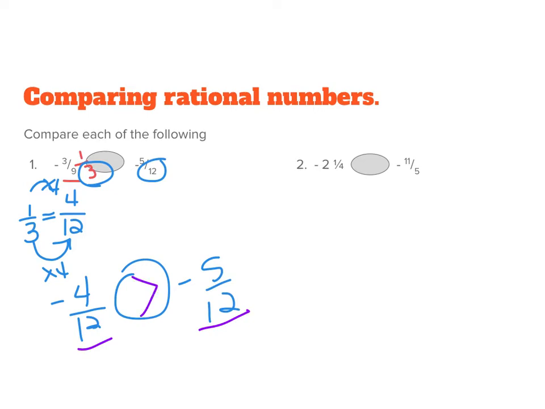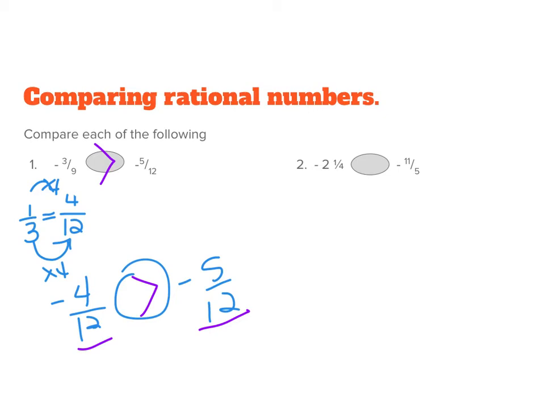So that means here that -3/9 is greater than -5/12. So I'm going to go ahead and erase this so you can see it better. And that's what your answer should be. So basically you're doing the same thing. You're still converting them to decimals in order to compare, or finding a common denominator in order to compare them.